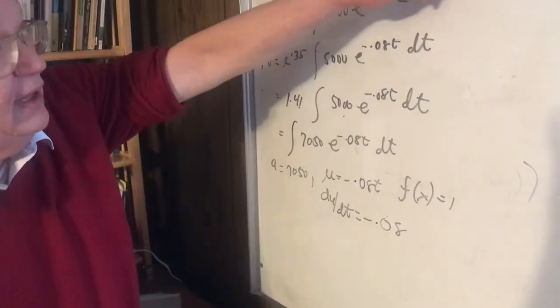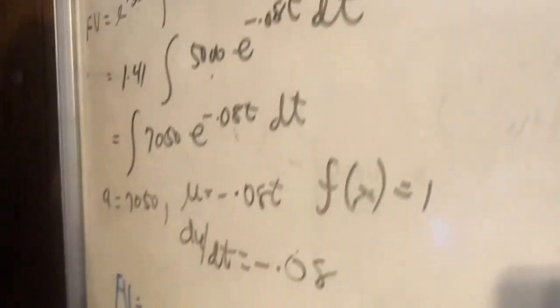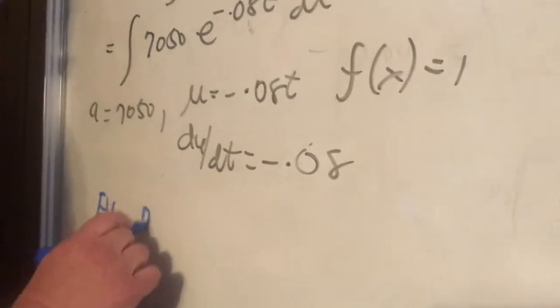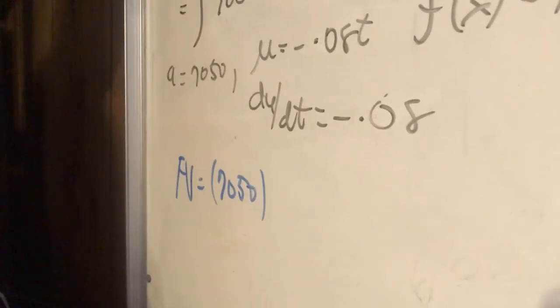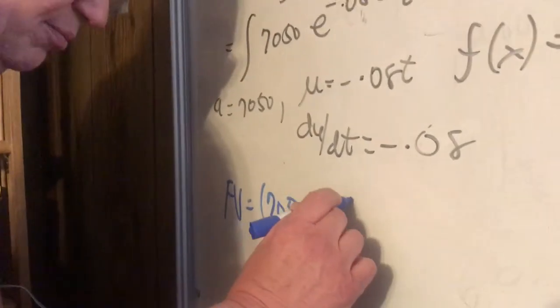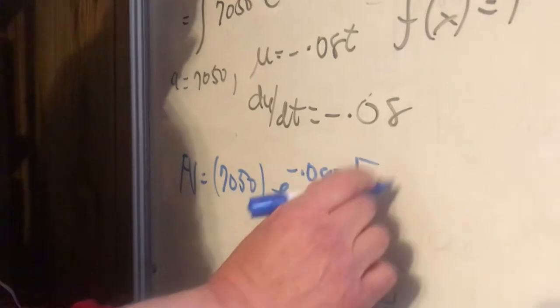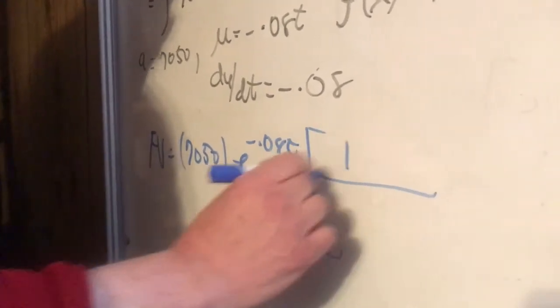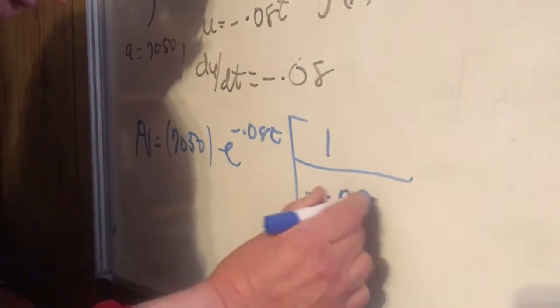Since we substitute in this equation here, the exponential, and the future value equals A, 7050. There's u, e to the u, so it's e to the minus 0.08 t. f of x, which is 1, and dt is minus 0.08.